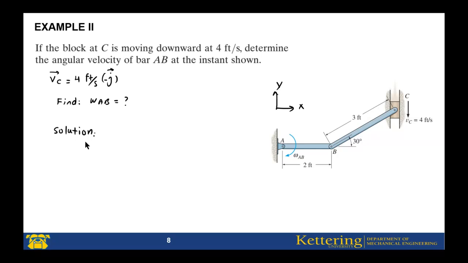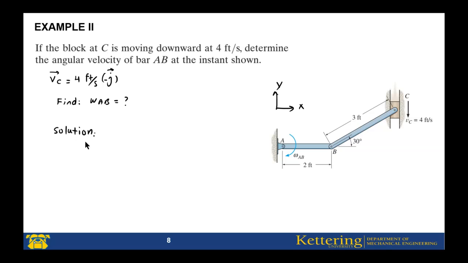Now, one of you, can you tell me between which points I should write the relative velocity equation? AB, BC, AC? Which ones? Yes, BC.